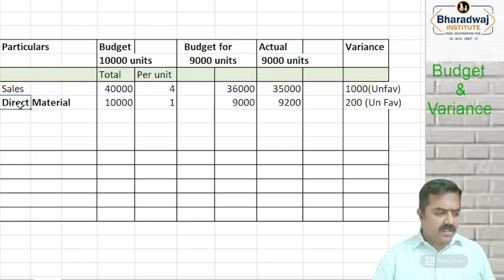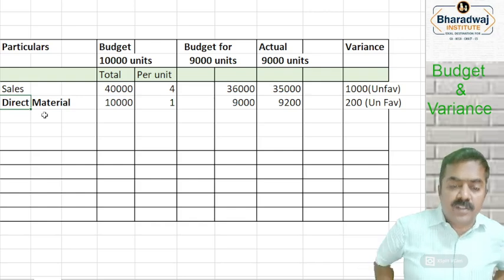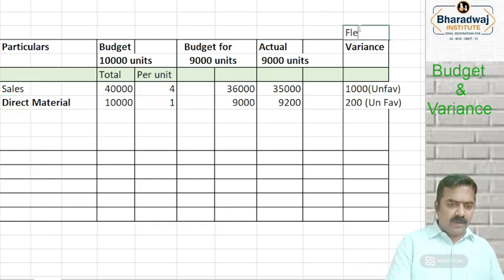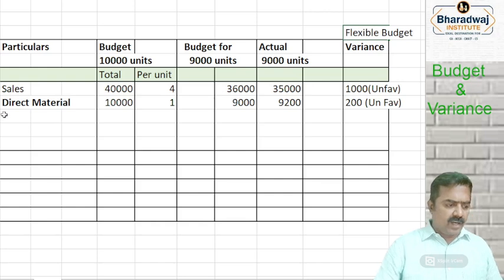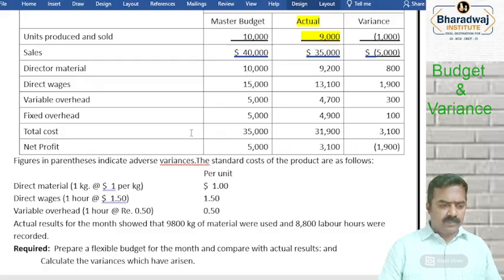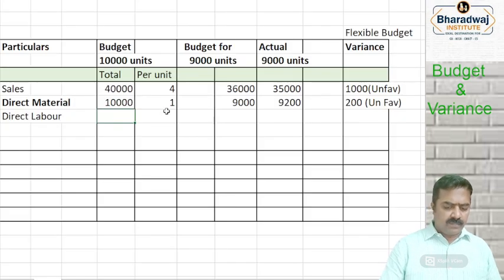Unfavorable variance. This is called as flexible budget variances. This variance, whatever we work out, is not a static budget variance. It is called as which one? Flexible budget variance. Okay, direct material we worked out. Direct labor, what is given? 15,000, nothing but 1.5 per unit.